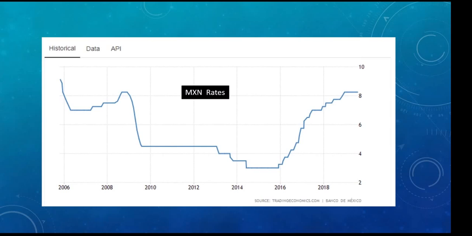This is one currency I really will focus on as we go into the live charts, because as Mexico has their rates above 8%, that becomes a risk. Should stocks start to unwind, you might see a bigger outsized move in the Mexican peso or some emerging market currencies than you would in some of the G10 currencies.